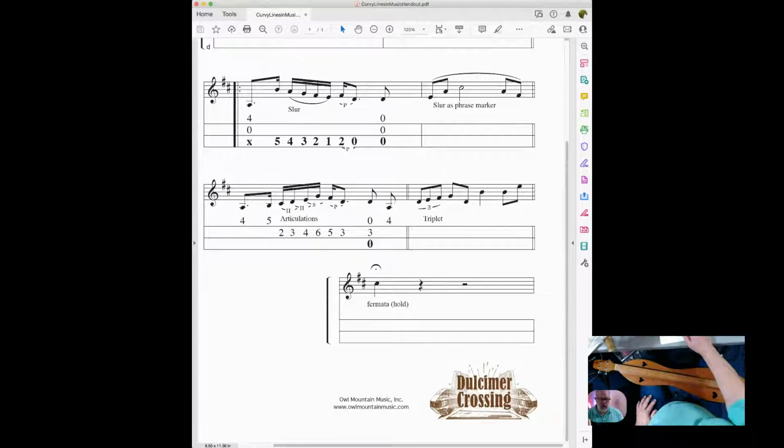Now, let's turn our attention to the triplet. In the next measure, you can see the curvy line. This one isn't so pronouncedly curved, but it's still a curvy line. Sometimes it's a bracket, which is very kind of military, straight, shoulders back and all that kind of stuff.